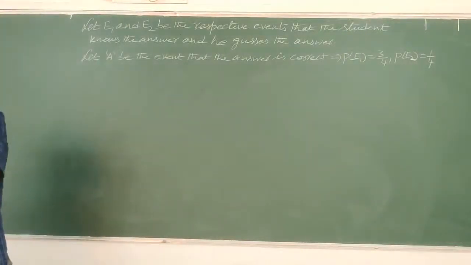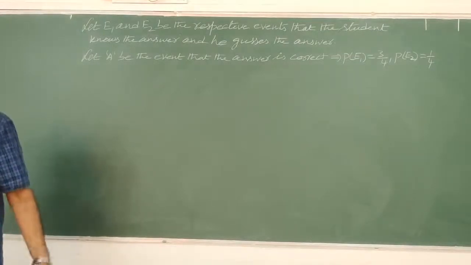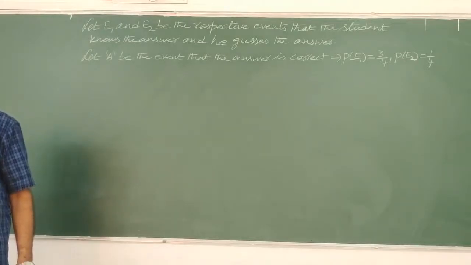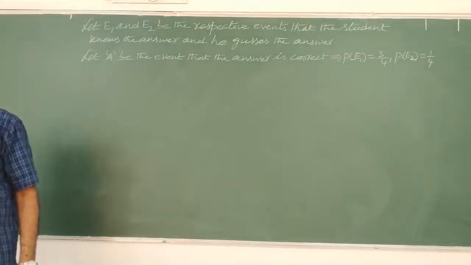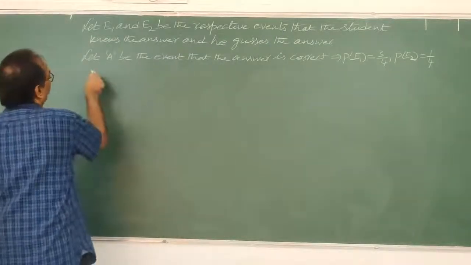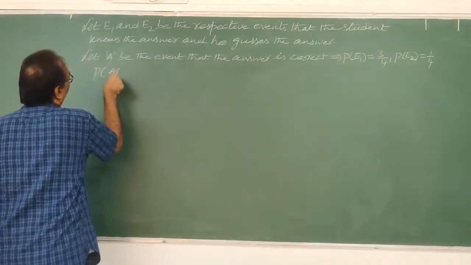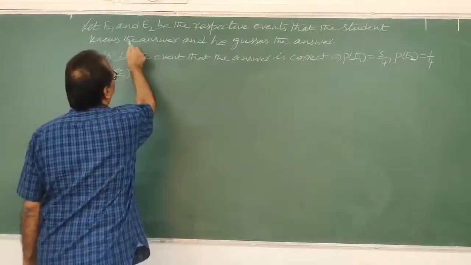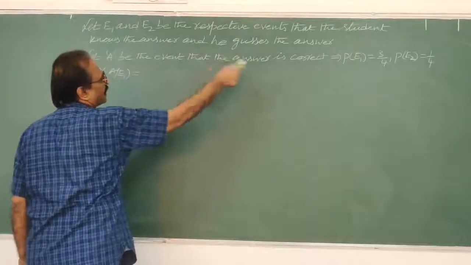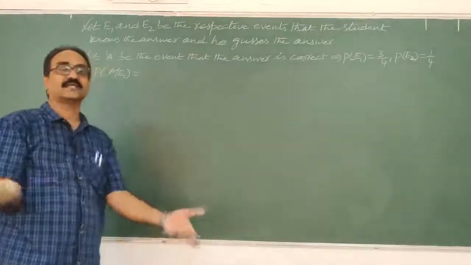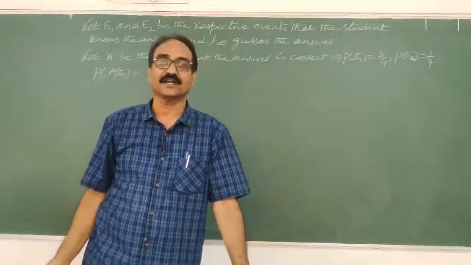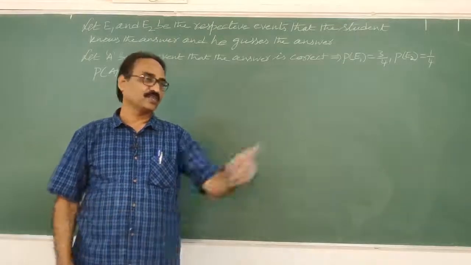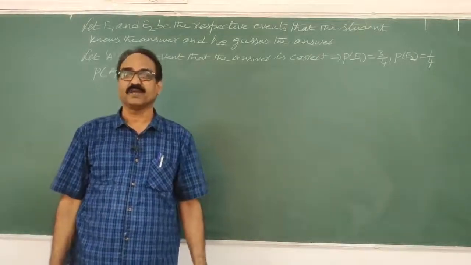Okay, next. Now, probability of A given E1. That is the probability that the student answered correctly given that he knows the answer. E1 means knows the answer; A means correct answer. So it is the probability of getting the correct answer given that he knows the answer. If you know the answer, it is certainly correct.